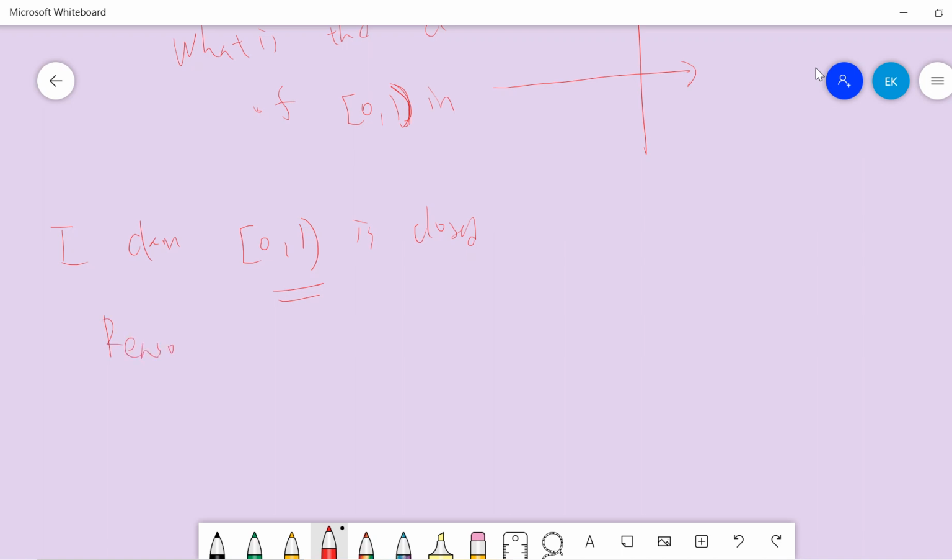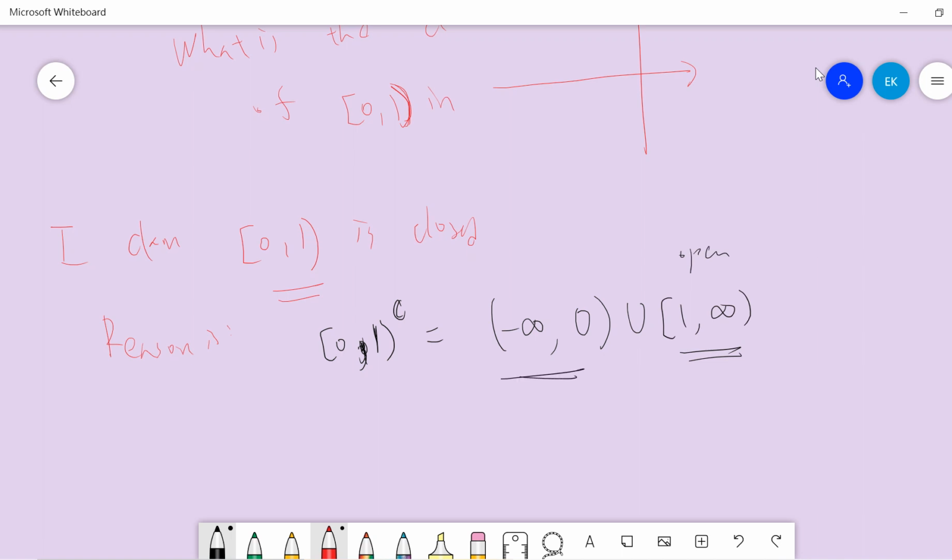And the reason is, to prove this is closed, we need to prove its complement is open. So what is this complement? It's minus infinity to 0, union 1 to infinity. This one is open by definition. How about 1 to infinity? Can I use open intervals to cover it? Definitely I can.